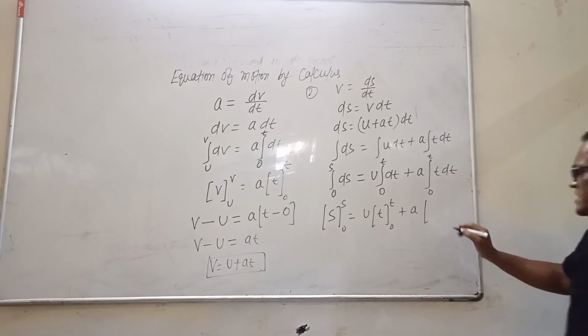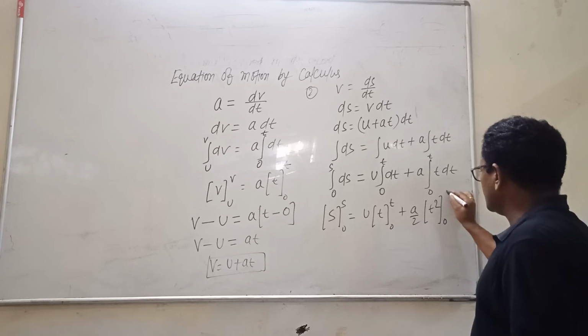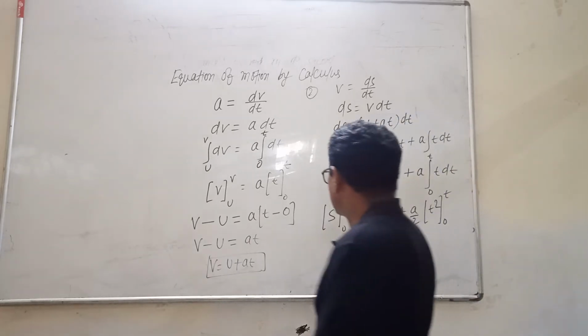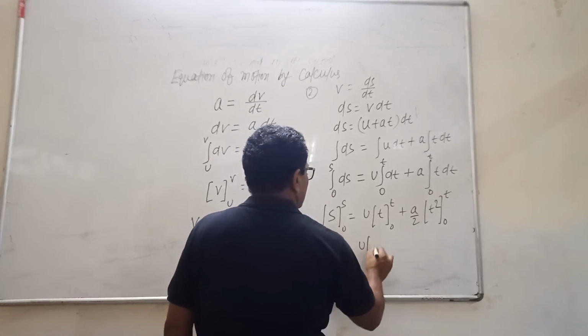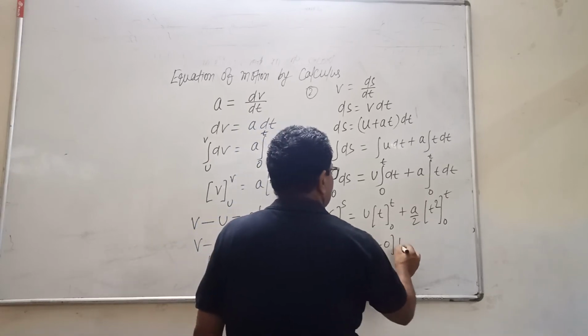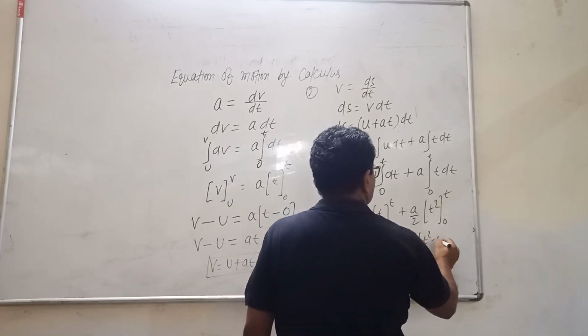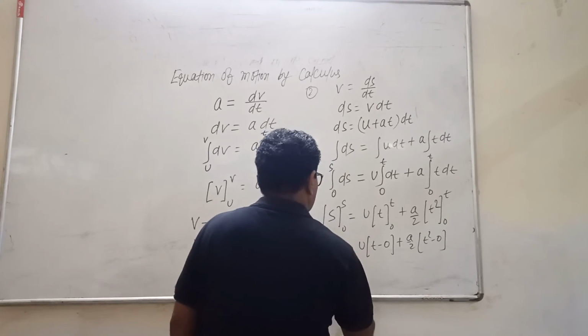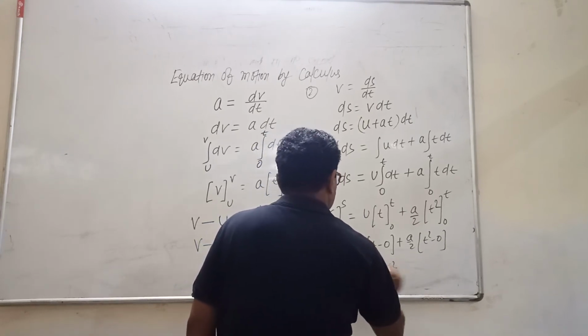So integration of t dt is t square by 2 and limit 0 to t. Now we have to use the limit, upper limit minus lower limit: s minus 0 equals to ut minus 0 plus a by 2, upper limit t square minus 0. So this becomes s equals to ut plus half at square.